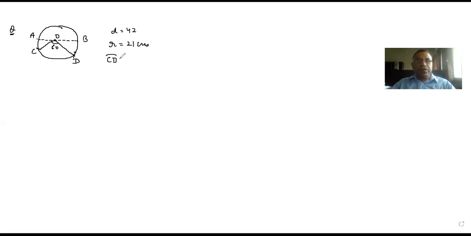So I want to get the value of CD, the length of arc. So we know that length of arc is equal to 2 pi r theta upon 360. So which is 2 into 22 over 7, because the value of pi is given to me. The angle is 60 and the radius is 21 upon 360.